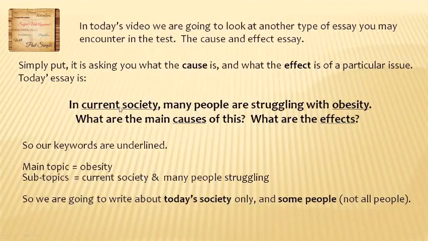So keywords, I've underlined the keywords as you should get in the habit of doing. The main topic is obesity. The subtopics are current society and many people struggling. The reason is because we need to make sure we're going to write about exactly what we should write about.